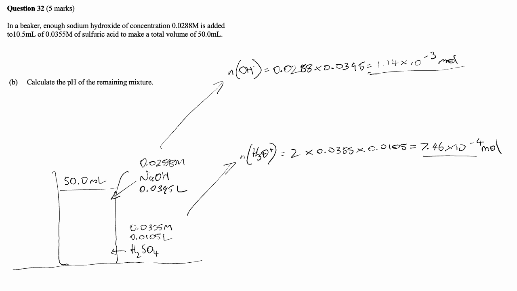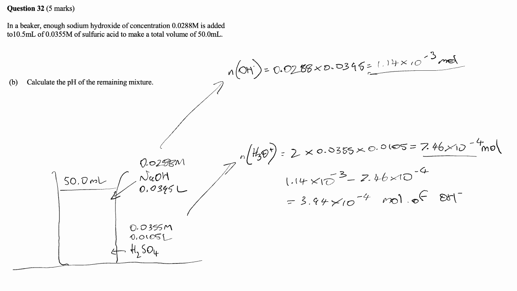1.14 times 10 to the negative 3 minus 7.46 times 10 to the negative 4 gives us, right, so I'll just write down what we just did there. We did 1.14 times 10 to the negative 3 minus 7.46 times 10 to the negative 4, and that equaled 3.94 times 10 to the negative 4 moles of OH.